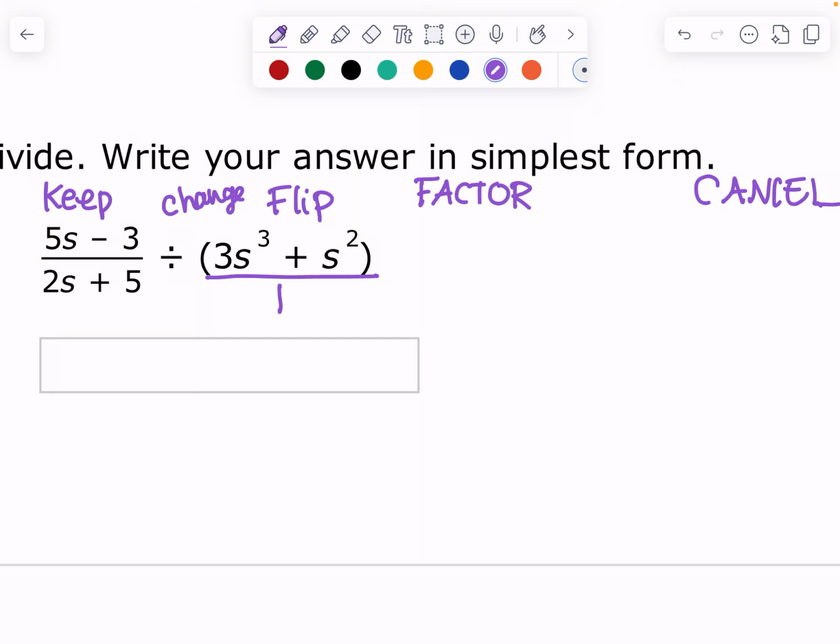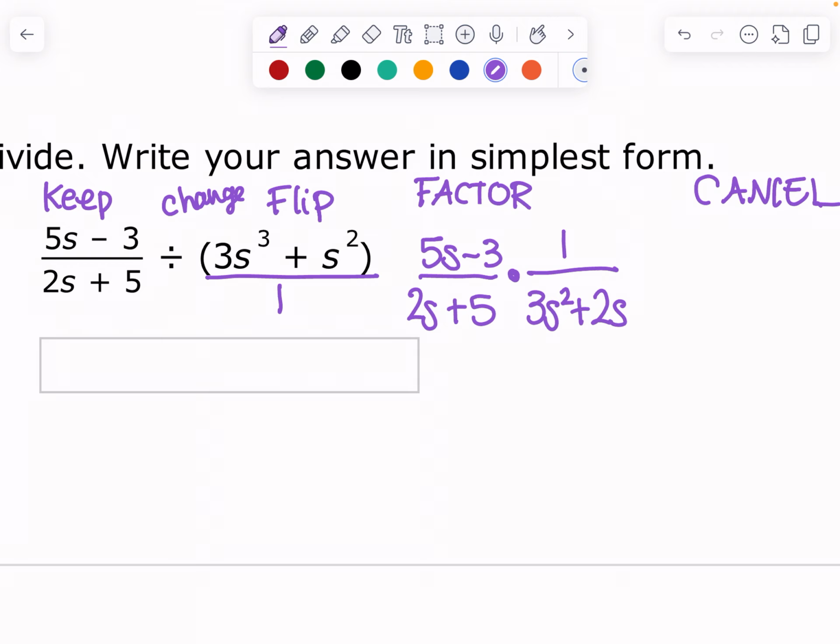Okay. So we're going to rewrite that as 5s minus 3 over 2s plus 5 multiplied by 1 over 3s squared plus 2s.